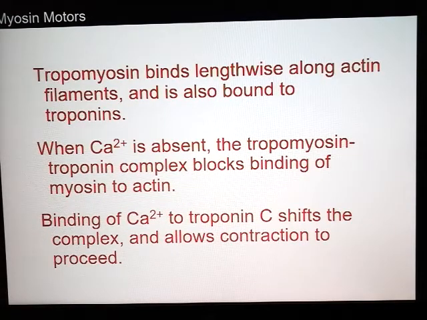So tropomyosin will bind lengthwise with the actin filaments, and when the calcium is not there, the tropomyosin-troponin complex blocks the binding of myosin to actin. So binding of calcium to troponin C will shift the whole complex and allow contraction to proceed.